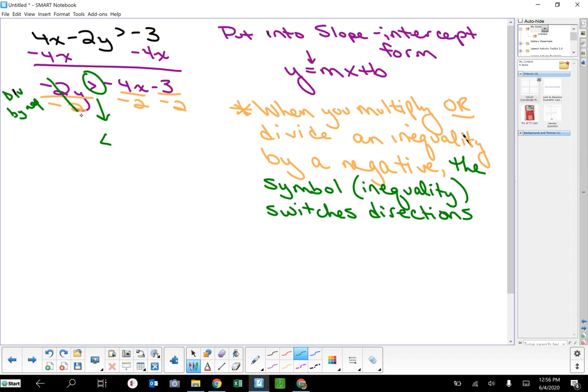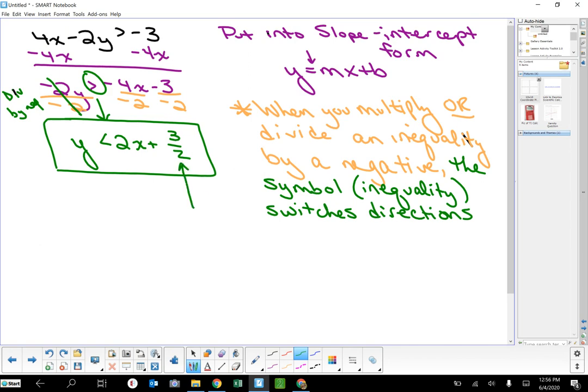Okay, so these are going to cancel, and I get y is less than negative 4 over negative 2 is a positive 2, and negative over a negative is a positive 3/2. Okay, so this is what we're going to graph. Notice that this is an improper fraction. As a mixed number, it would be 1 1/2.